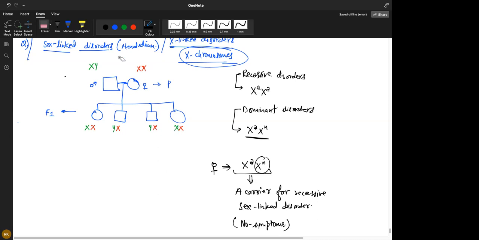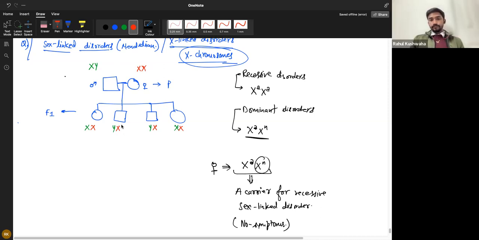Clear, Rifat? Yes. So let's say this son is normal. This daughter is affected, and this one is normal.